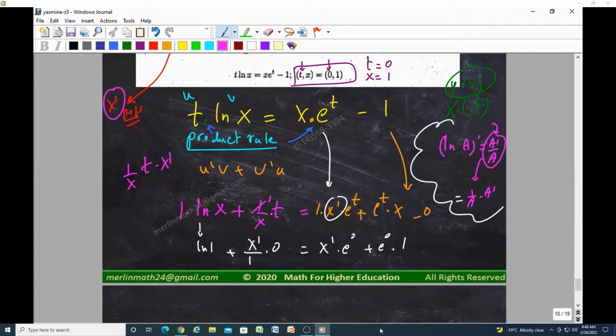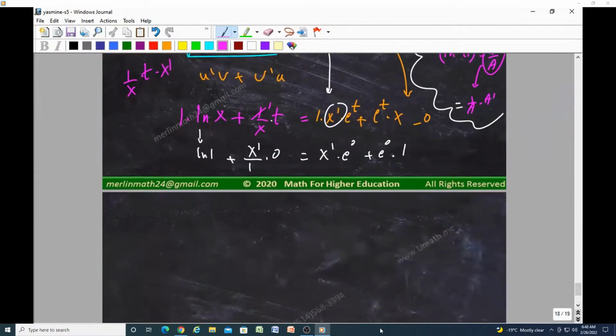Whoa, it's out of the planet, okay? So be careful. If you are to find x prime, you don't touch it. It's not the x that you see here. This is x prime, the rate of change of x with respect to t. The t is the t there, it's not the time we are talking about. Are you following?